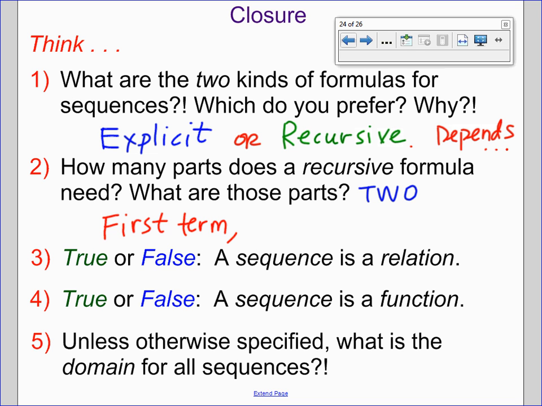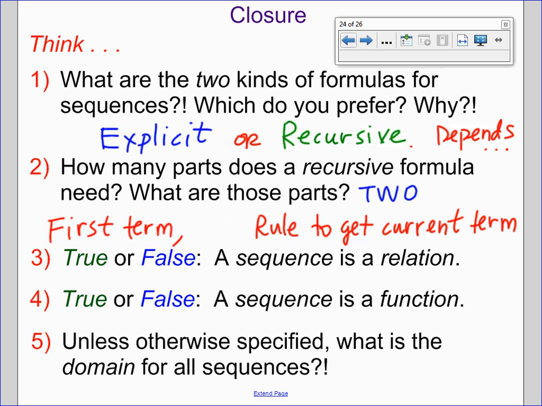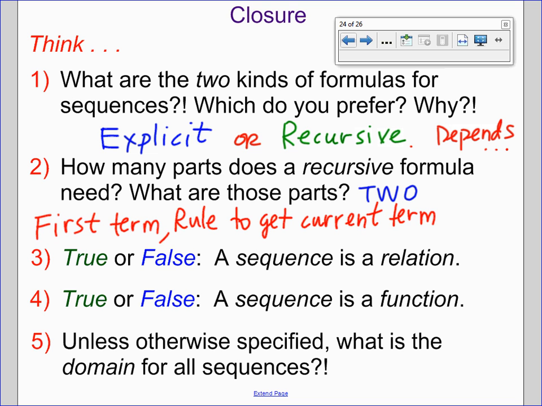And we need a rule that gives the current term based on the previous term's value. So we need the first term, and we need a rule to get the current term based on previous. And that's totally going to fit right here.